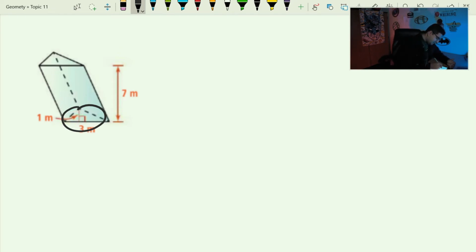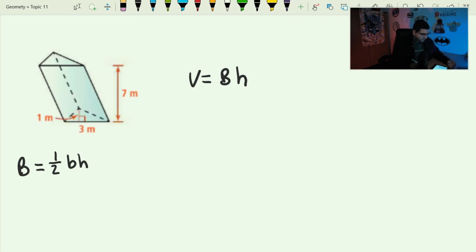Even though my formula is still the area of the base times the height, now B ends up being 1/2 times base times height, lowercase b, for the triangle, where h is the height of that triangle.